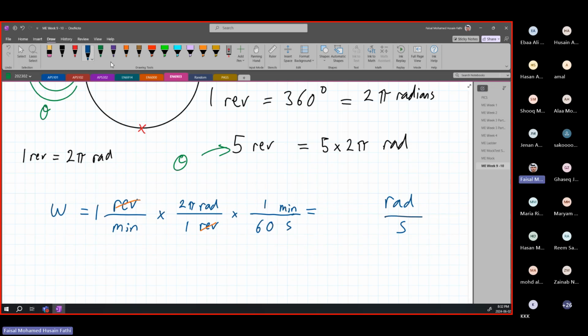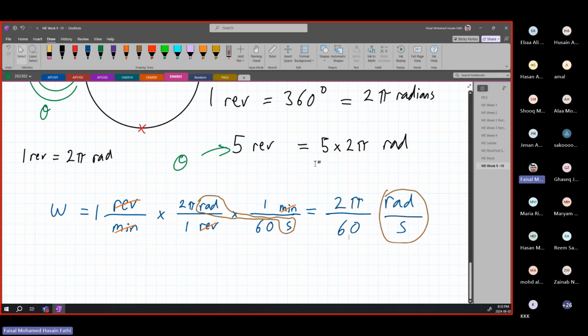So now we can cancel the minute with minute, and we will remain with radians per second. And we are going to be having 2 pi over 60. So this is basically the conversion rate if you want to go from revolutions per minute into radians per second.